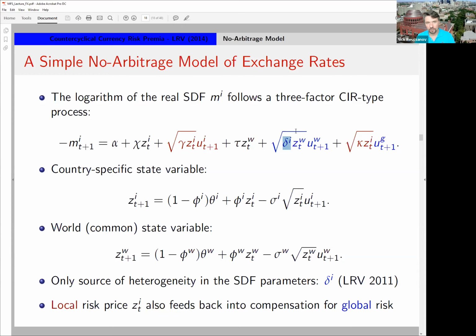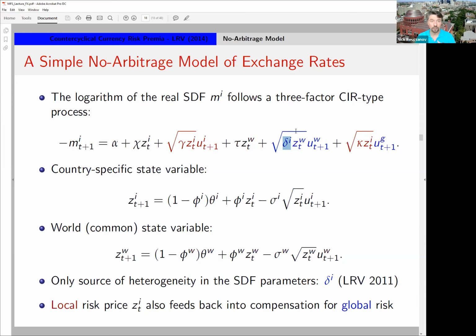So think about Japan, for example. The Japanese yen is a safe haven currency in the sense that it appreciates at bad times, but it's not because Japan is a safe country. In fact, when the Fukushima disaster happened, which was clearly a bad shock to the marginal utility of a Japanese consumer or Japanese investor, the yen also appreciated quite dramatically, which is exactly consistent with this type of model.